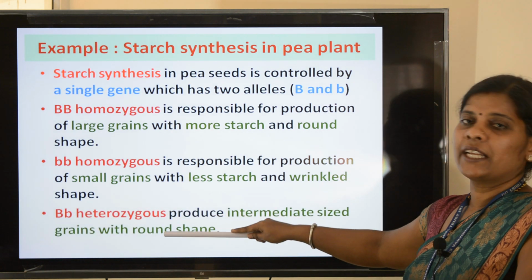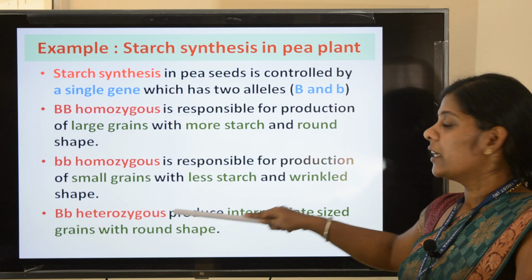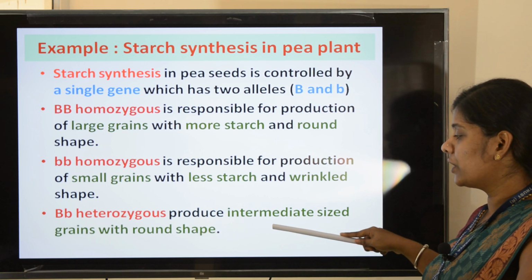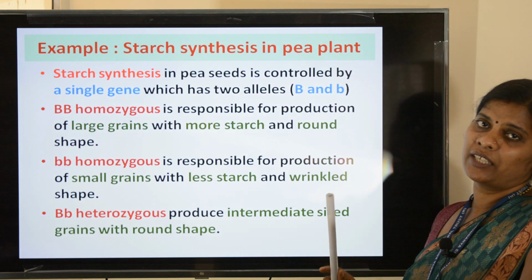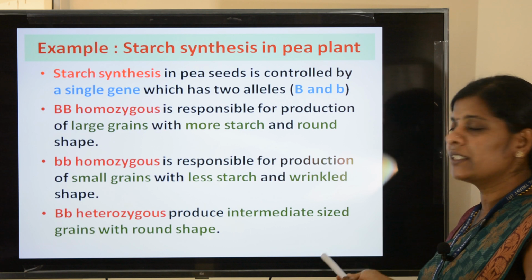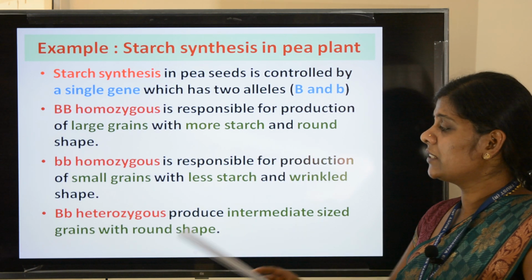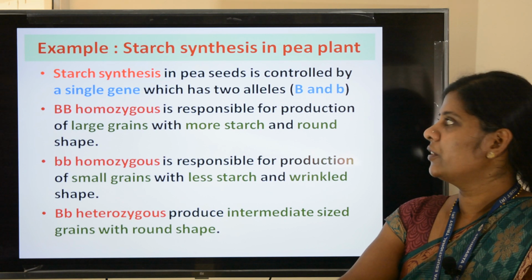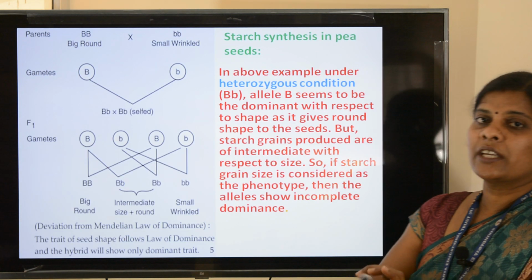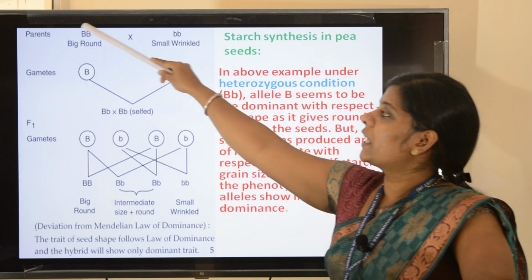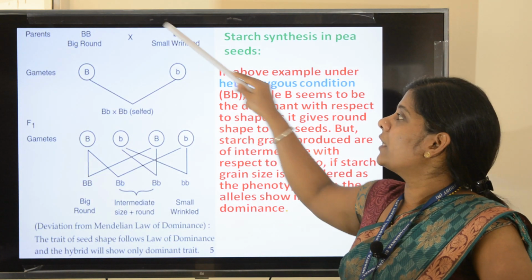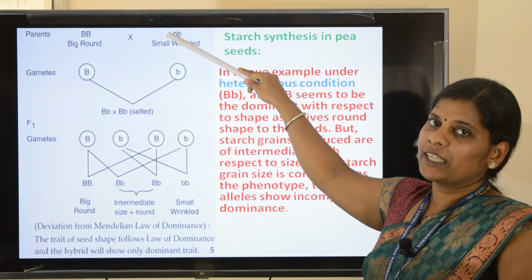What happens in the heterozygous condition? In heterozygous condition, it produces intermediate sized starch grains with round shape. So here you can see the flow chart. Homozygous dominant is crossed with homozygous recessive.